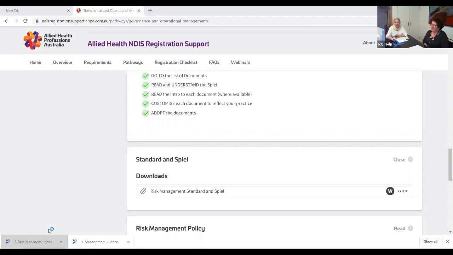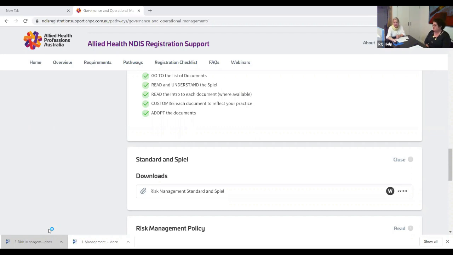And then it spells out where the linkages need to be: incident management, complaints management, work health and safety, HR, so making sure those risks associated with employment are looked at. Information management, so making sure that the material's secure, that you're disposing of it appropriately, and then risks related to governance.